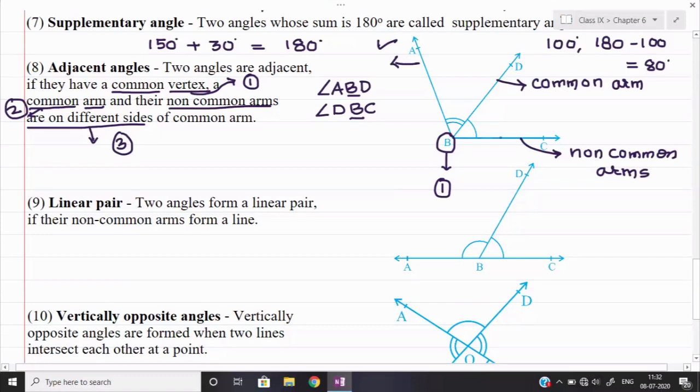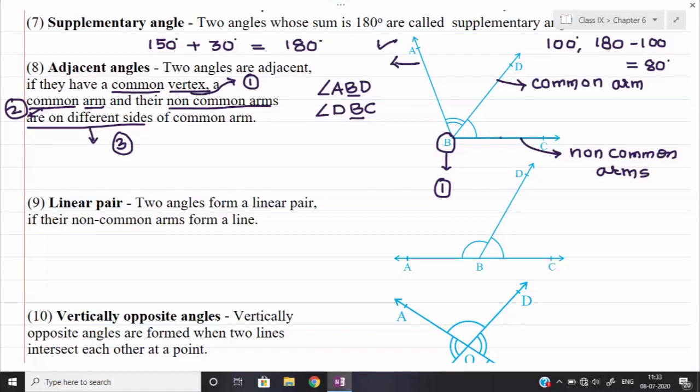One side of the common arm is at the left, or you can say at the top, and the second side will be at the bottom. So tell me, are both non-common arms lying at the bottom side, or at the left or top side? No, one is lying at the top or left side, and the other at the bottom side. So here the third condition is also satisfied.